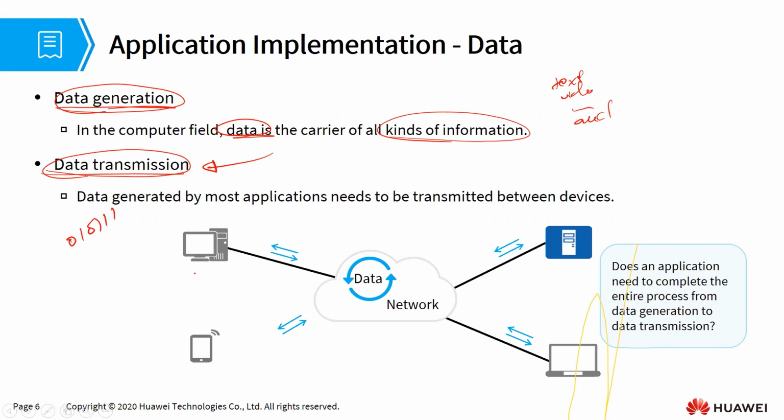On the other hand, on the user end, on the terminal, when the user is consuming this information, they do not have the capability of reading electronic data of zeros and ones. Therefore, this data needs to be converted to information that can be understood by people.